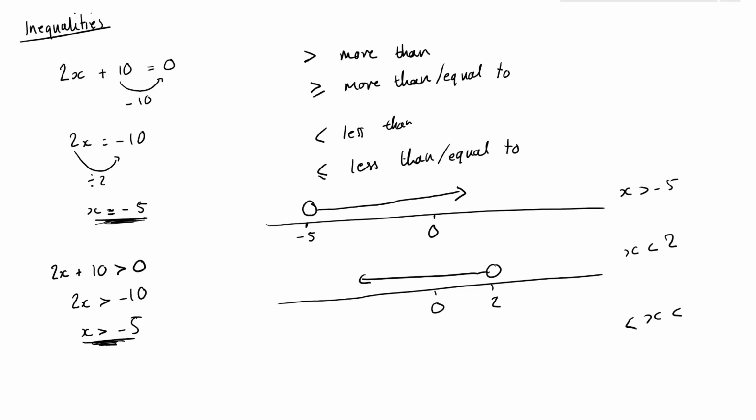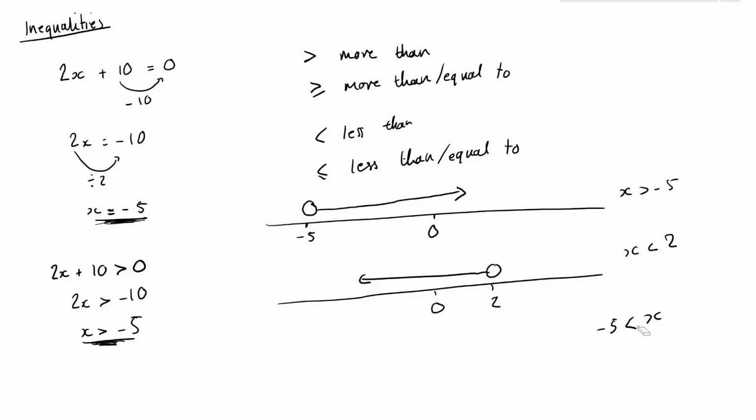Let's say these values were -5 and 2. If we take these one at a time, if we got rid of this 2 for now, this would mean that -5 is less than x, so we could flip this and we'd get that x has to be greater than -5.